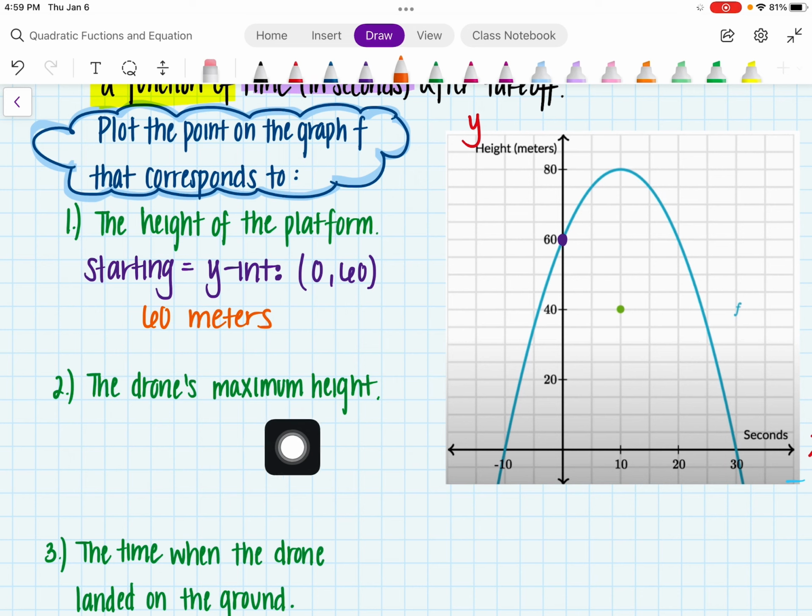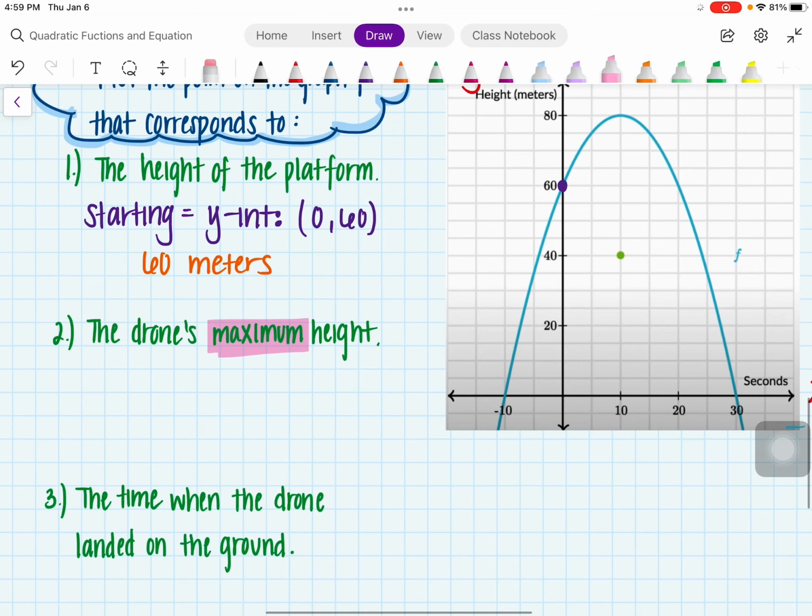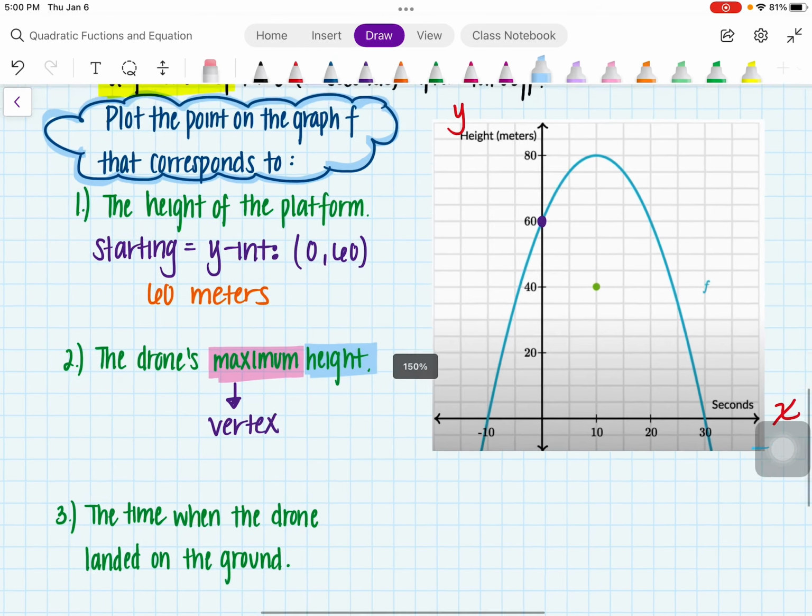Next one, it says, what is the drone's maximum height? A few things I want to identify here. Whenever they talk about the maximum or minimum, it's always talking about the vertex. They mention a unit of measure here, which is height.